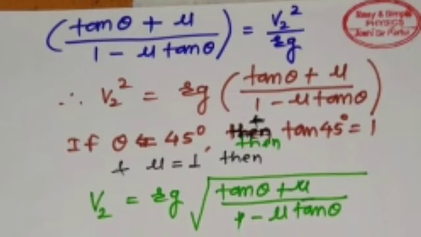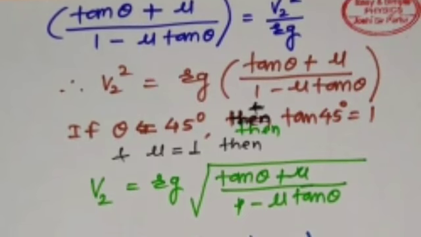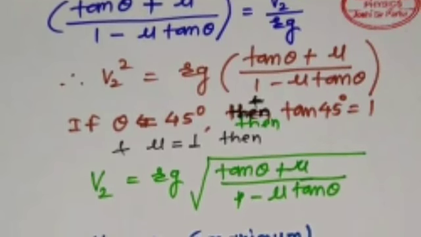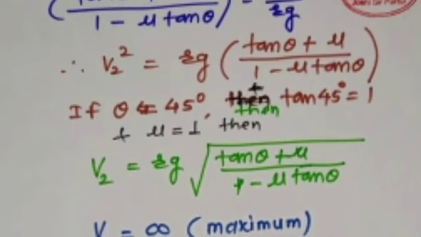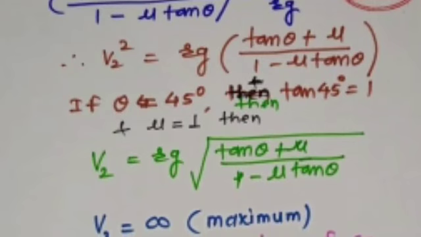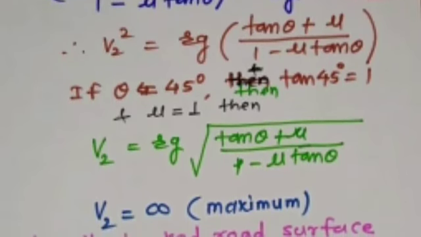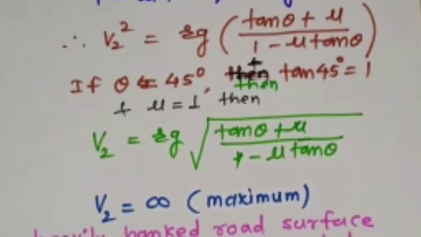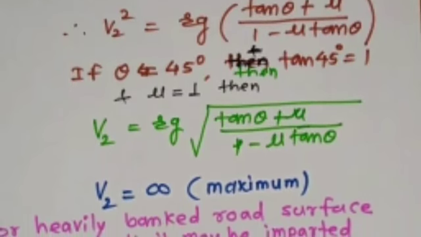So in bracket tan theta plus mu divided by 1 minus mu tan theta, bracket close, equal to v2 square upon rg. So therefore v2 square is equal to rg in bracket tan theta plus mu divided by 1 minus mu tan theta, bracket close.